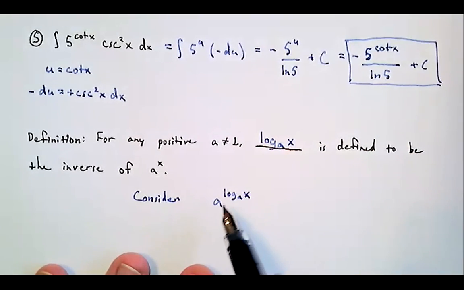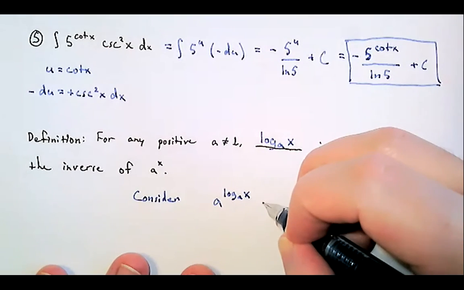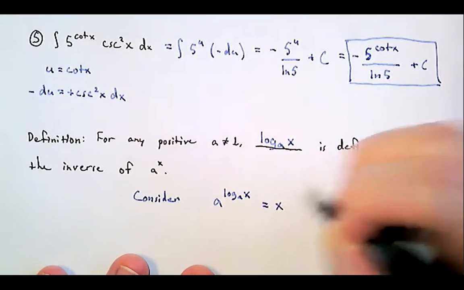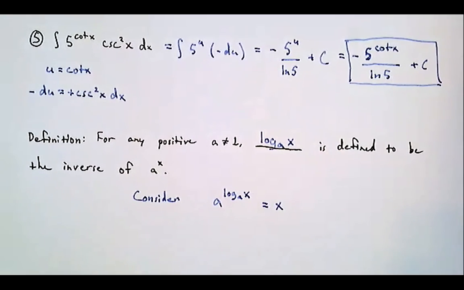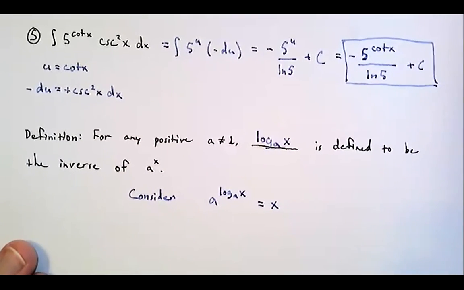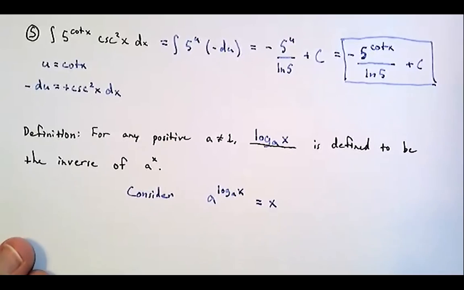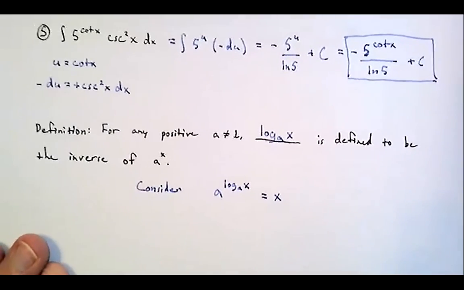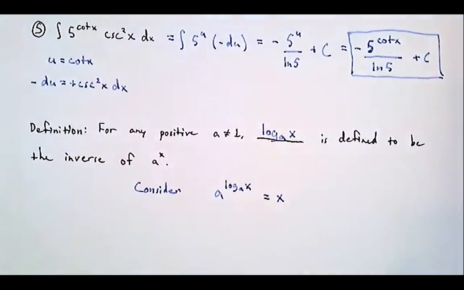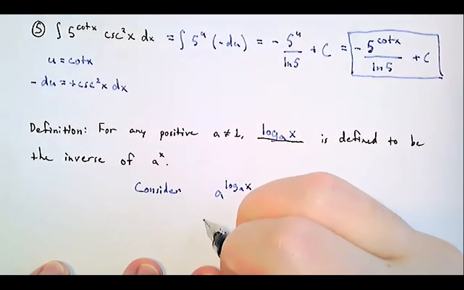And since these are inverse functions, they're going to cancel each other out. So we would just get x out of this. Okay, but now I'm going to do something that might look a little strange. I'm going to take the natural log of both sides.